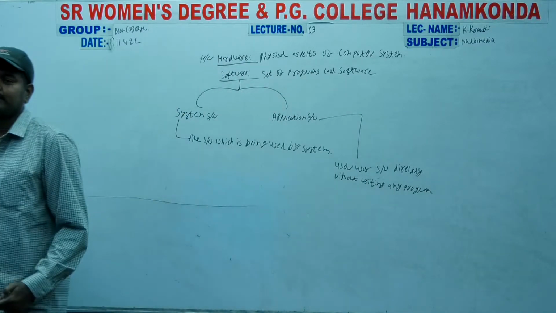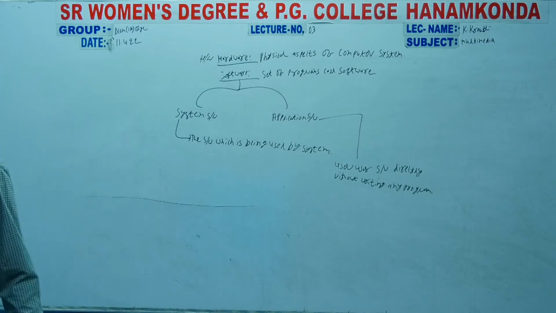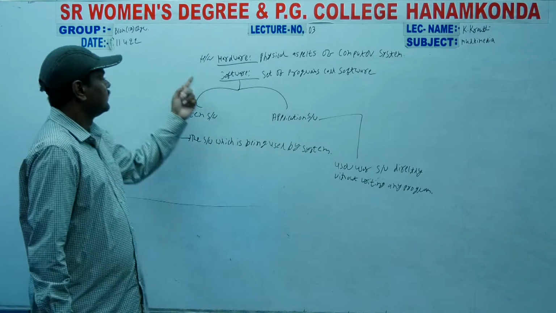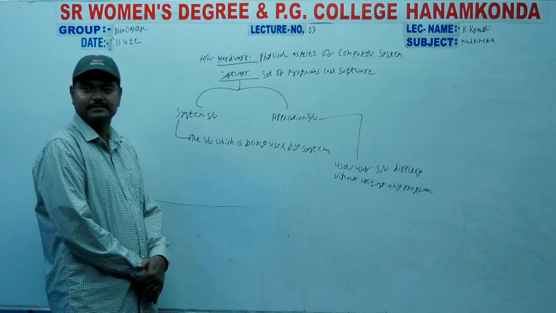Where the user uses the software through the GUI directly, without writing any program, that software we can call application software. So these are what come under hardware and software.